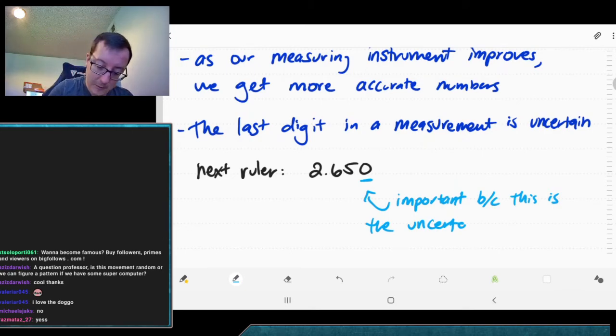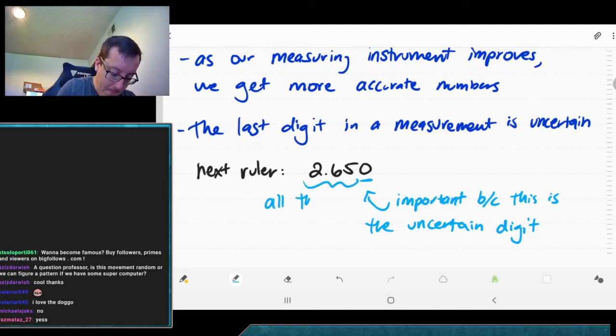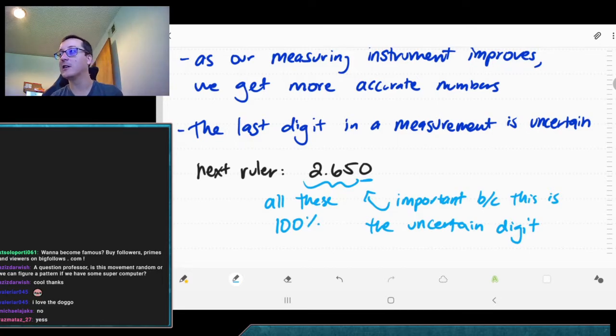And so that's information to tell us, okay, we know those three for sure. And now the last digit, maybe it was right on the line, and so now that's the uncertain digit. So zeros, as we're going to see, become very important, and we're going to have rules about these.